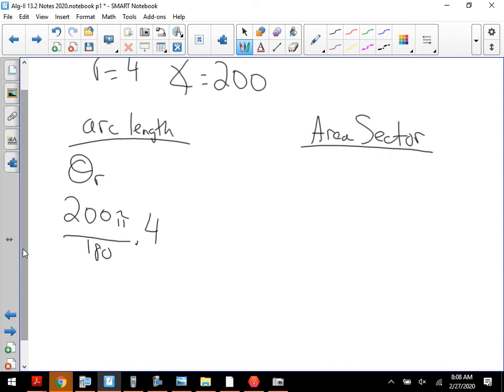We start taking zeros out. 4 and 18 are both divisible by 2, so you have 9 and 2. Here you get 40 and a 9, and they're not going to simplify any further. So your final answer is 40 pi over 9. There's your arc length.